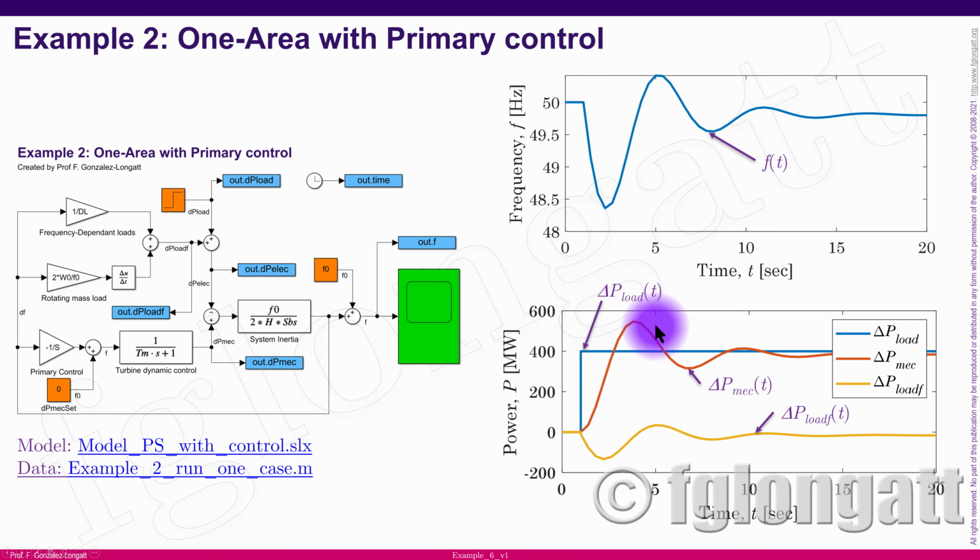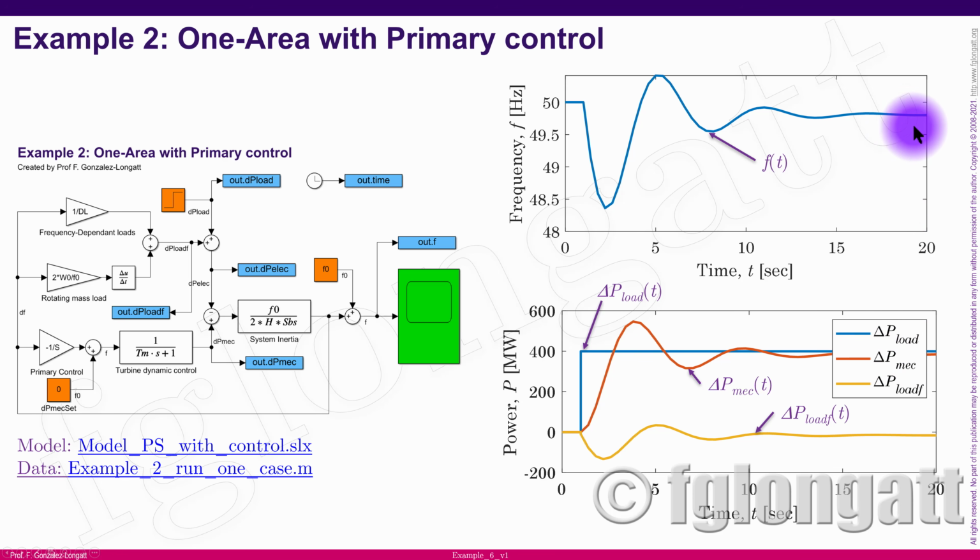You can see that the governor is doing the job. When we have a sudden load increase, in blue color, you can see how orange tries to follow the blue line. In this case, the mechanical power is trying to follow, and it will follow at the very end the load change.